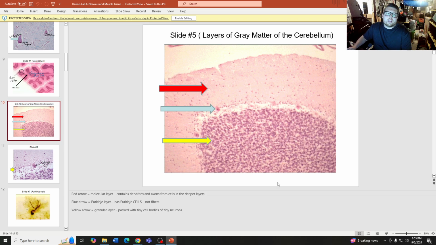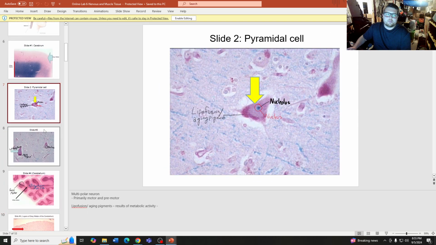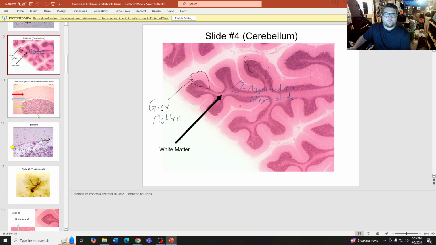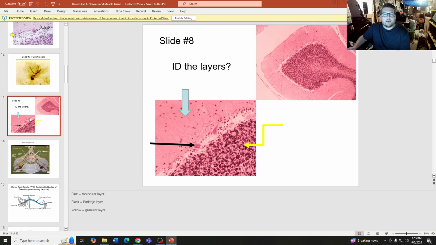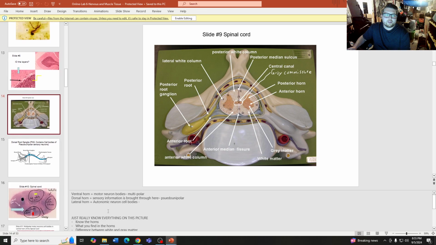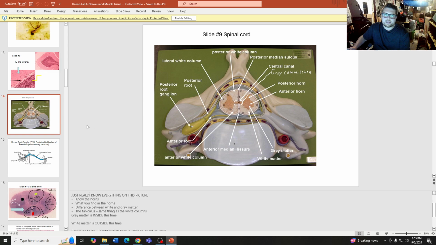So a lot of what the review is for the lab portion is looking at pictures, labeling everything, and figuring out what is what. If you purchase my notes, which again, the link is in the description down below, all of this is already labeled for you. So you can use this as you practice.